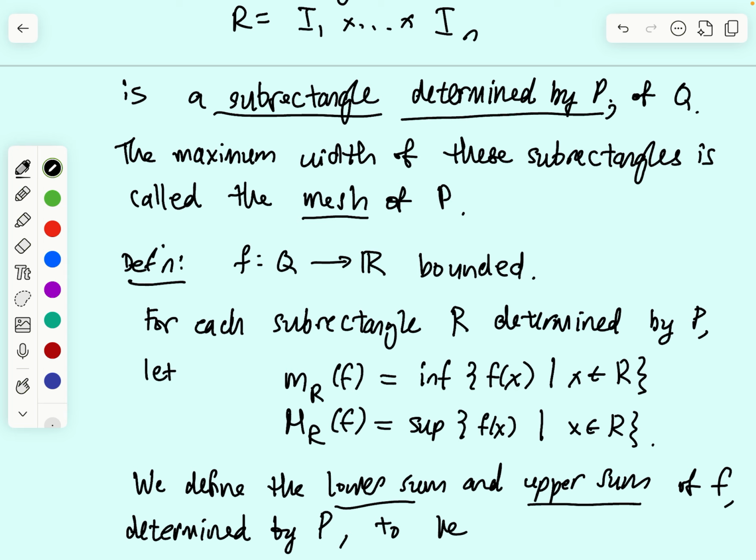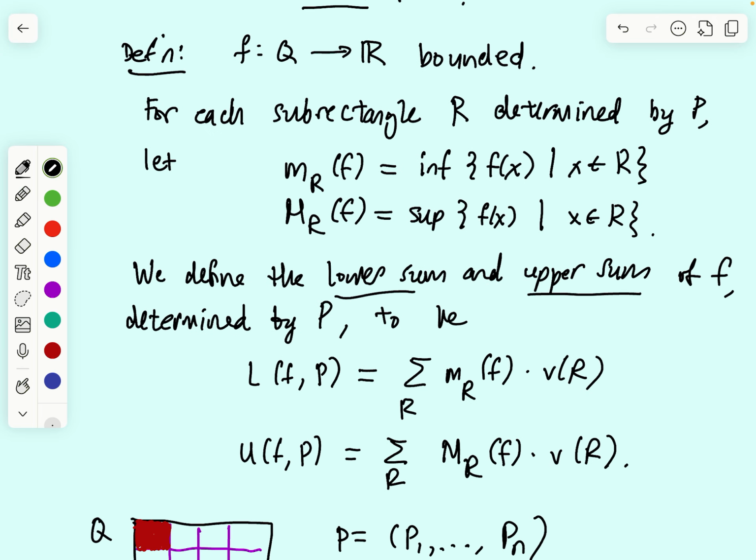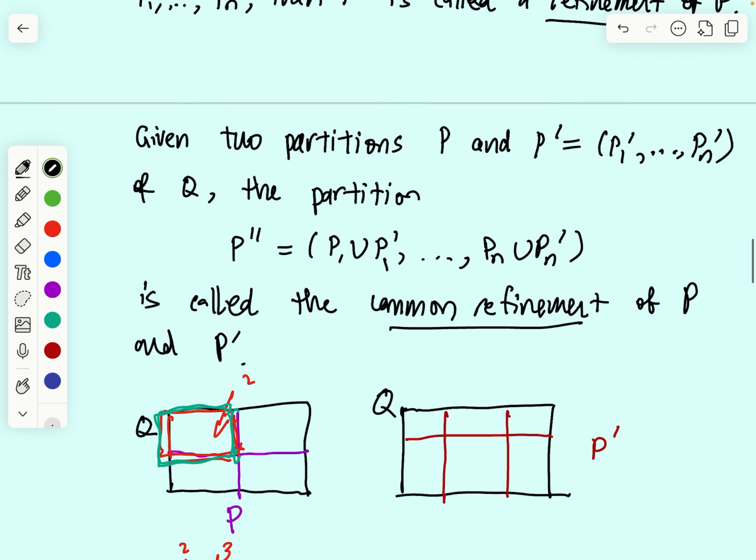One of them is the lower sum: you take each subrectangle, take the smallest value of the function in the rectangle, multiply that value by the volume of the rectangle, and then add that quantity over all the rectangles. The upper sum is what you get when you take the biggest value of the function on each rectangle, multiply by the volume, and take the sum over all the rectangles. That's the upper sum.